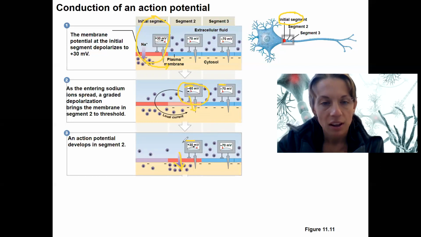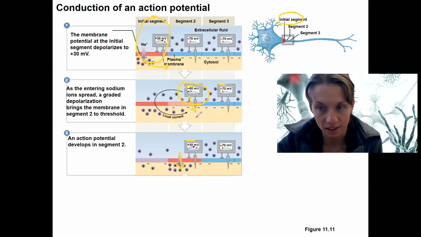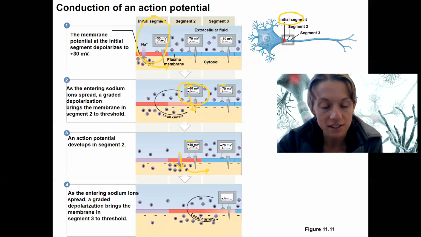Ultimately it's going to reach plus 30 when the action potential has fully happened. So again, local current causes the depolarization enough to open more voltage-gated sodium channels. Positive feedback is what that is. More voltage-gated sodium channels opening, more sodium flowing in, all or nothing phenomenon of that action potential reaching plus 30. These sodium ions are going to diffuse next door, and they are going to cause segment 3 to depolarize.